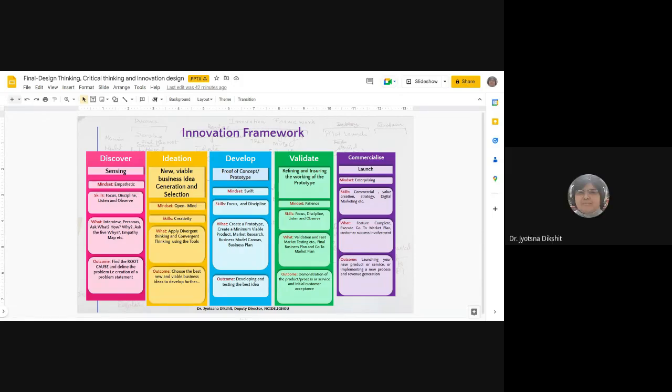Okay. Mr. Reddy, are you there? Yeah. So, where do you place yourself in this innovation framework? Whether you are at the discovery stage or ideation?